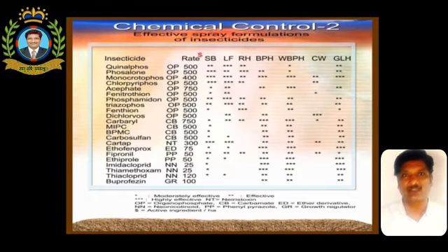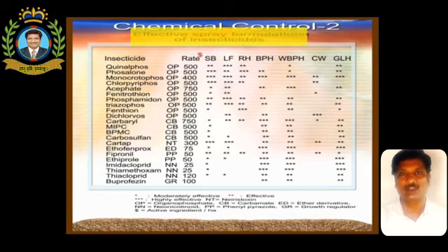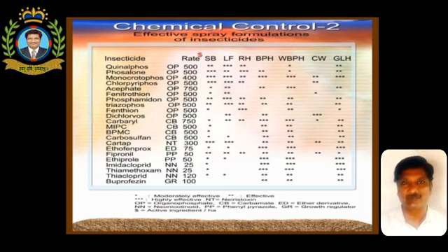The last group of chemicals is known as EC or spray formulation insecticides. In that, there are several insecticides which are being used on a regular basis by the farmers, which should be reduced. Yes, it is giving quick results, but the results are causing a residue effect also.